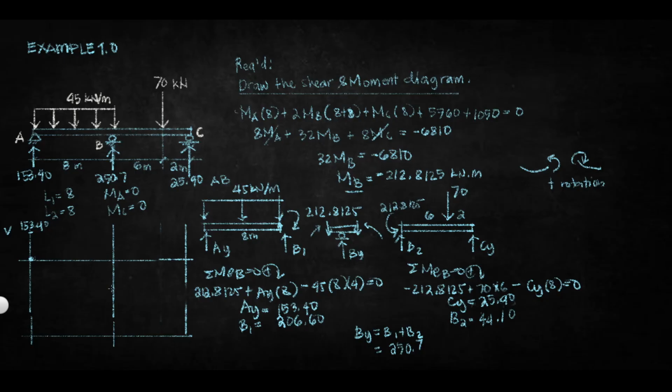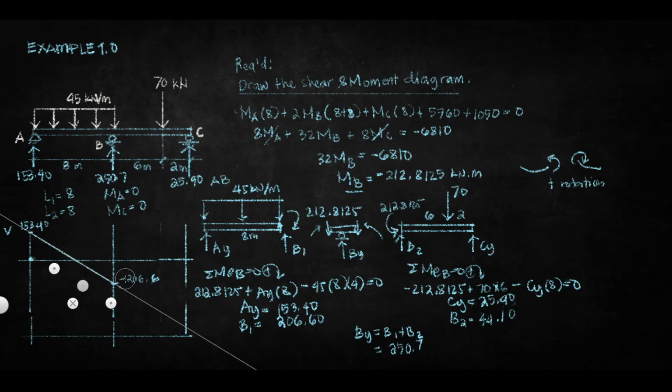Okay, so we're going to add here. So 45 times 8, 360. Okay, 360 minus 153.40. I have 206.6. Negative 206.6 po ito. And then, okay, so ganyan siya. Tama.